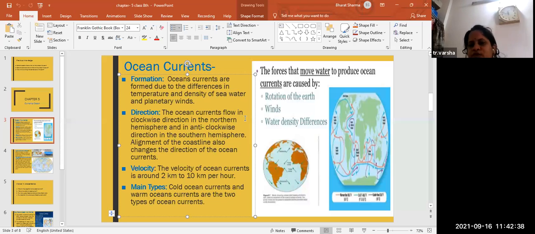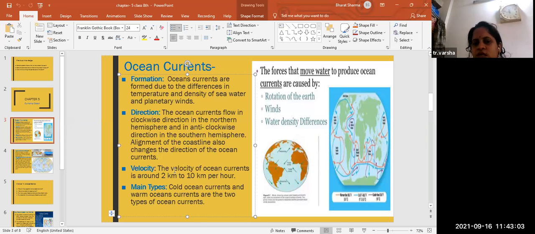Which ocean is going to face the sun first, because of the rotation of the earth. So this element of the coastal line also changes the direction, and because of this change, the ocean current gets its direction.